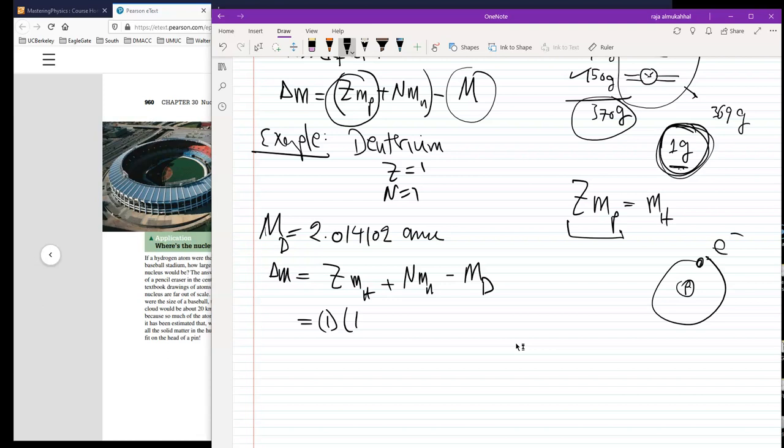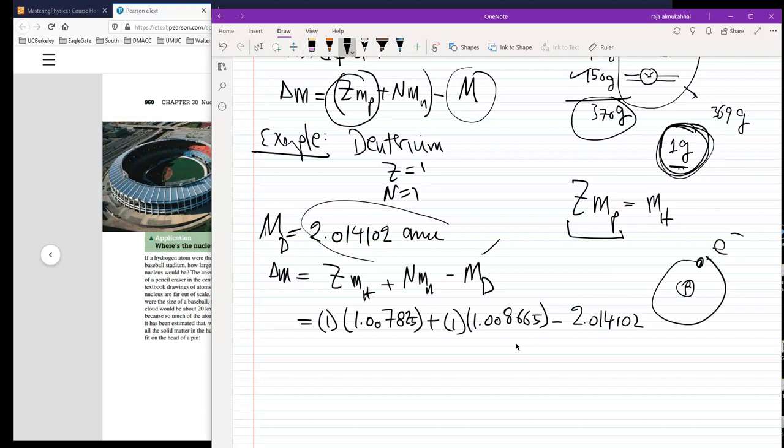I have already shown it to you, 1.007825, plus 1 neutron, and the mass of the neutron is 1.008665, minus the mass of the deuteron, which I already looked up, 2.014102. And then you do the calculation and you'll end up with 0.002388 AMU. Okay, there it is.